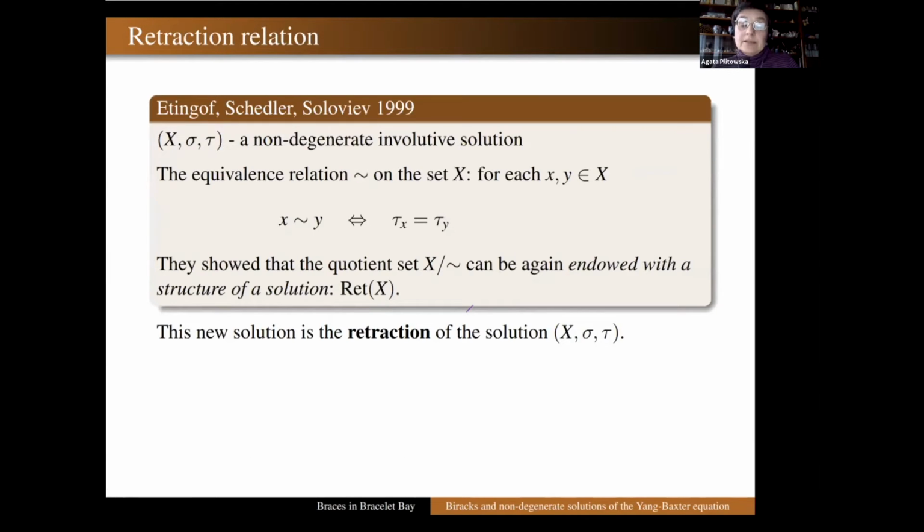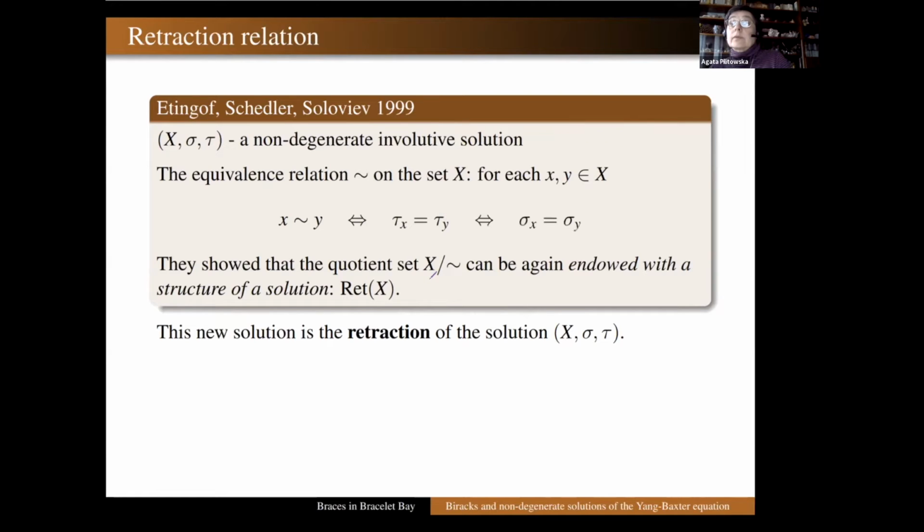As everybody well knows, Ettinghoff, Shedler, and Soloviev introduced for a non-degenerate involutive solution the equivalence relation called the retraction relation, and using properties of the structure group, they showed that the quotient set by this relation can be endowed with a structure of a solution. This new solution they called the retraction of the solution.